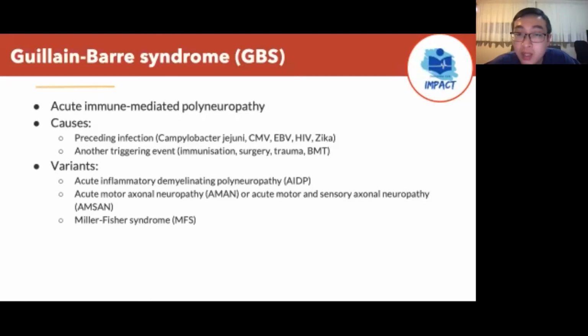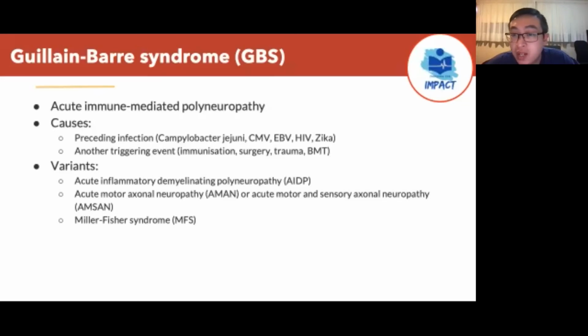So we think in this patient, he might have had EBV reactivation, and that could have precipitated the Guillain-Barré syndrome. What happens is that there's an infection, usually a viral infection. The body mounts an immune response against the infection.